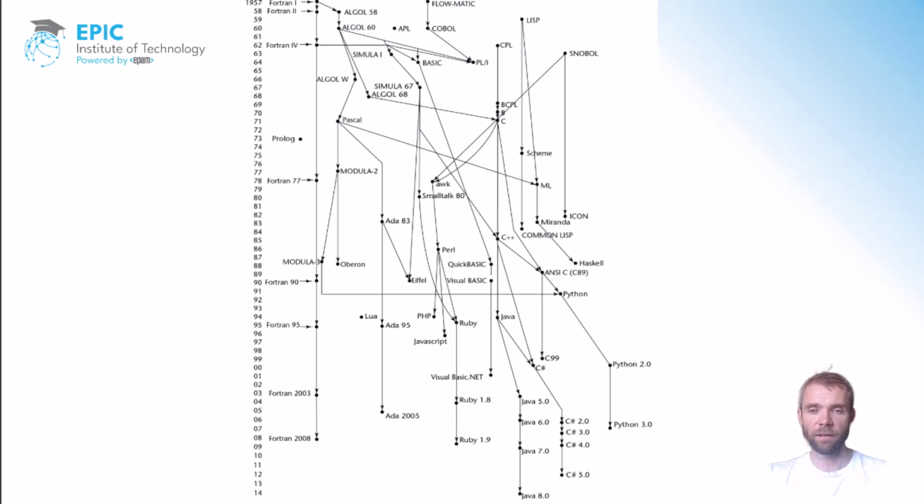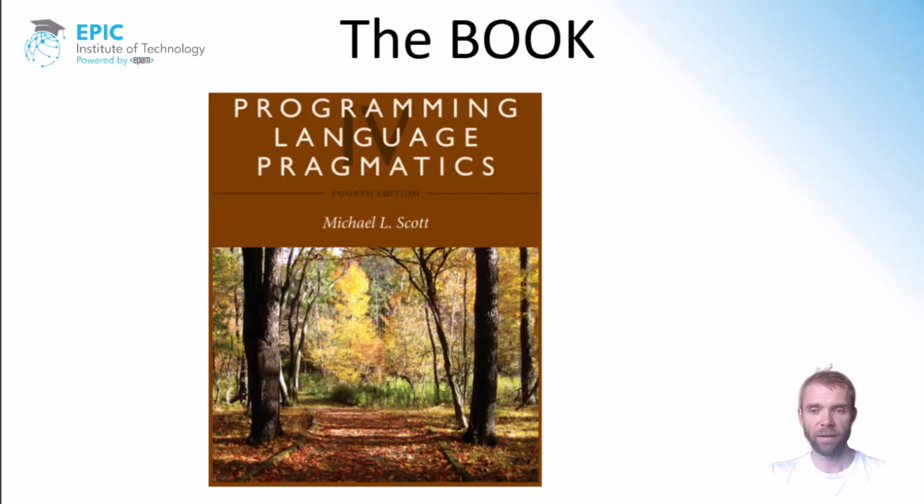Still, those languages that we've mentioned, up until now, they influenced lots of syntactic and implementation details in how modern languages are implemented. So if you want to really dive into details in implementation of languages, I would recommend one single book called Programming Language Pragmatics by Michael Scott.